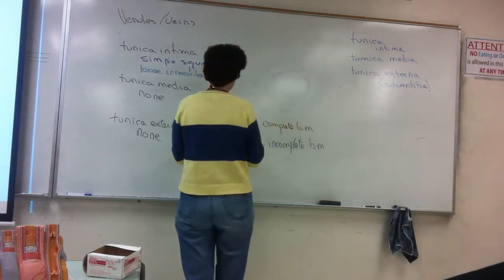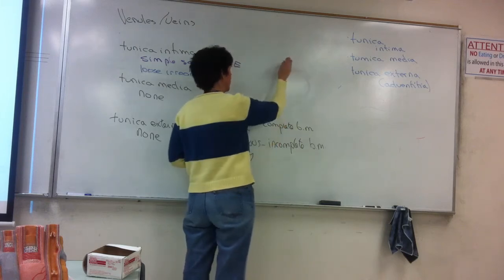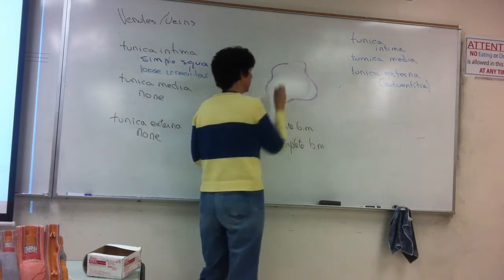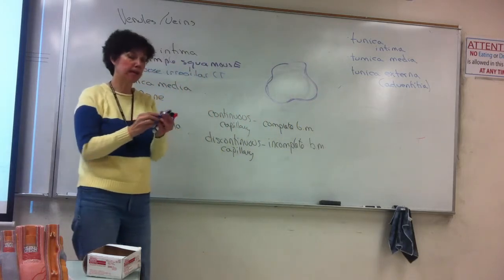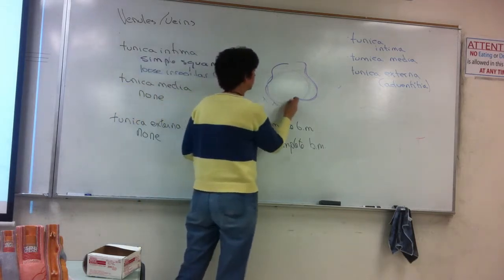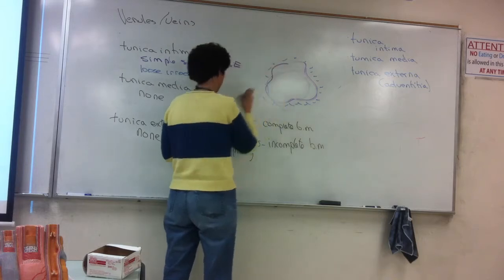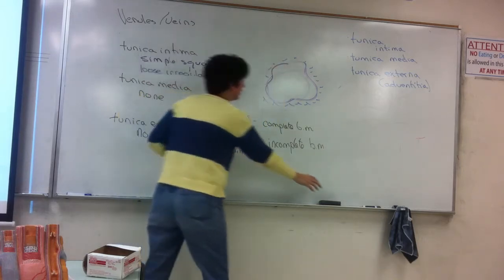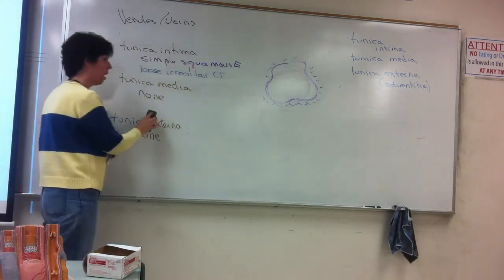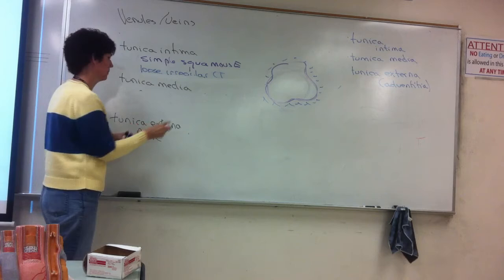So to identify a vein, again, versus an artery, you're going to look at the proportion of smooth muscle in the tunica media to the diameter of the vessel wall. So there are smooth muscle fibers in veins.